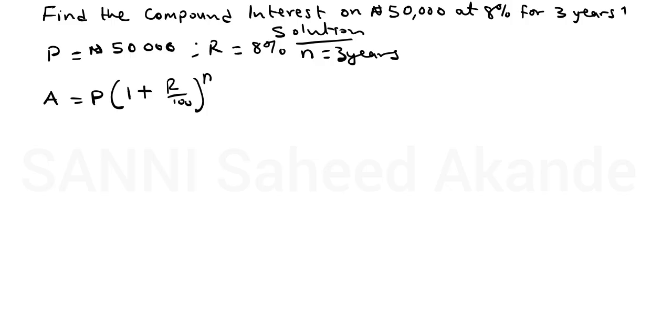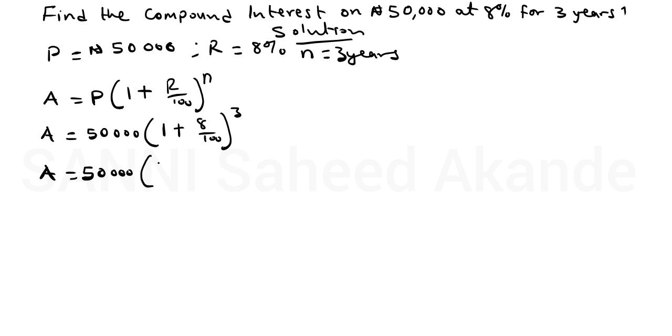So substituting the parameters, I have A equal to, my P is 50,000 naira, then 1 plus R is 8 over 100, then everything raised to power n, which is 3. Okay, so if I solve this further, I have 50,000, then open bracket 1 plus 8 divided by 100 will give us 0.08, then raised by 3.